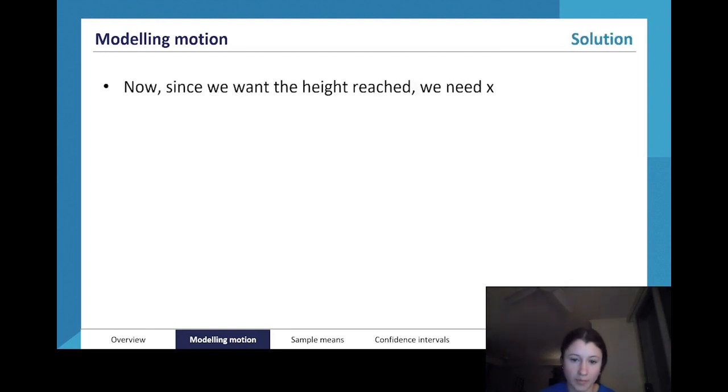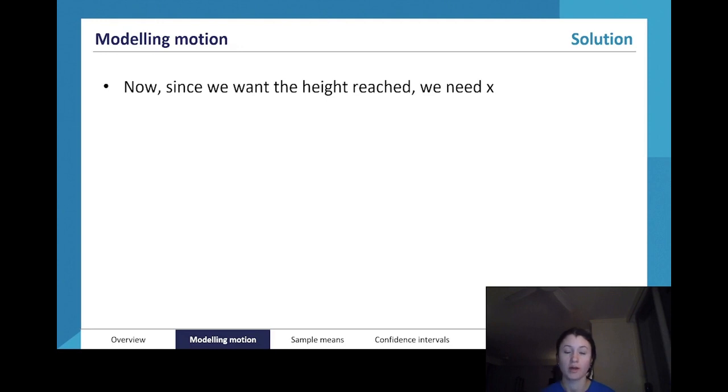Now, since we want the height reached, we need to find x, right? Because that tells us the position. We have a, and this a that we have is a function of v.